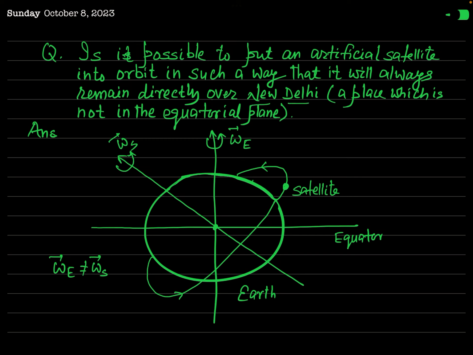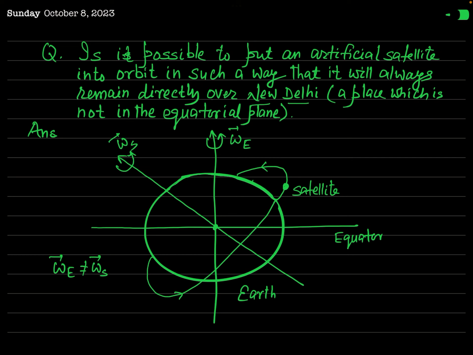New Delhi, you know, is the capital town of India. So if a satellite is placed in an orbit such that it will always remain directly over New Delhi, is it possible? It is also given that Delhi is not in the equatorial plane.